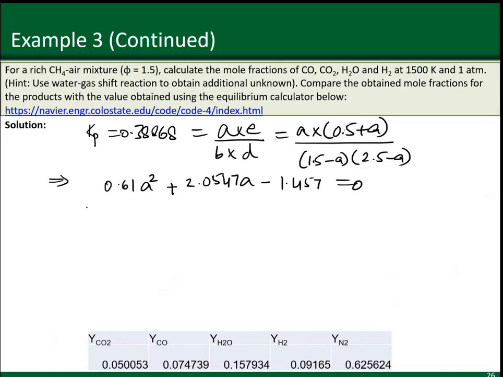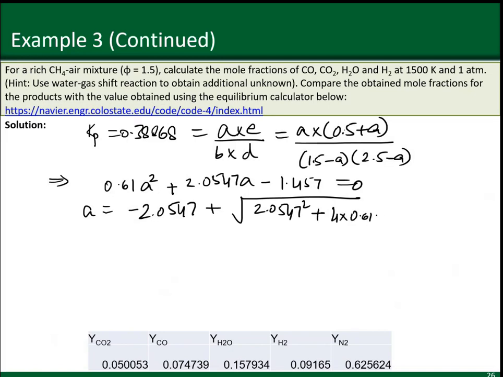Now, of course, you can solve for the roots of A. We will take the positive root because A is the number of moles of CO2 and it cannot be negative, right? So it's going to be minus 2.0547 plus the square root of 2.0547 squared plus 4 times 0.61 times 1.457, the whole thing divided by 2 times 0.61.